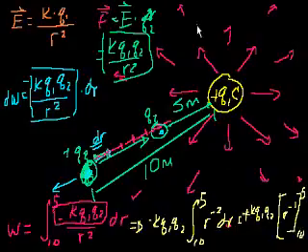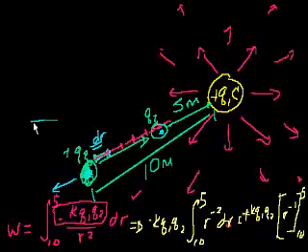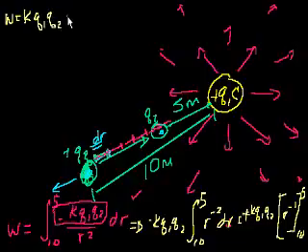Let me erase some of this up here, valuable space to work on. So let's see, we said that the work is equal to, I'll just rewrite that. We had the minus out here, but then we had a minus when we took the antiderivative, and they canceled out. So we have k q1 q2 times the antiderivative evaluated at 5, so 1 over 5, right?